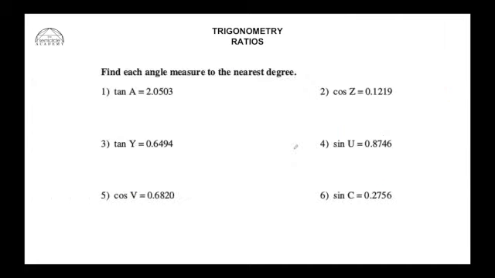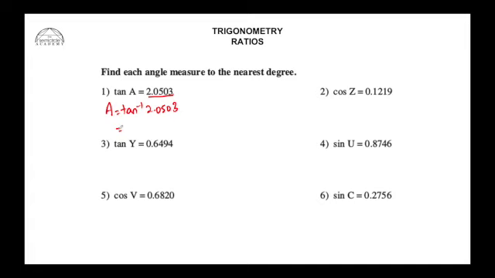So let's see if you guys could do a couple of small little things. We have the tan of an angle, and we have to find the angle. So in order to find the angle A, I have to get the tan inverse of 2.0503, and that means I have to go to my calculator.